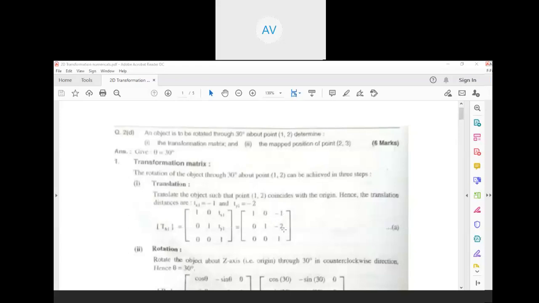As we are moving the point towards the origin so that it coincides with the origin, that's why we use -1 and -2. So the first translation matrix is written.